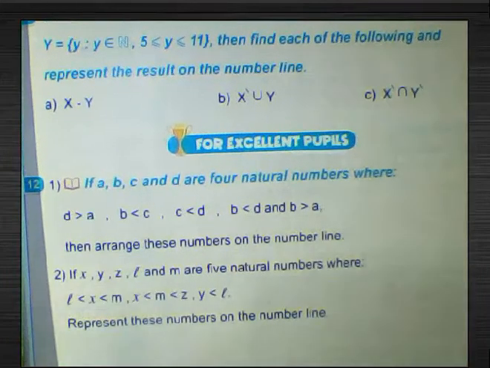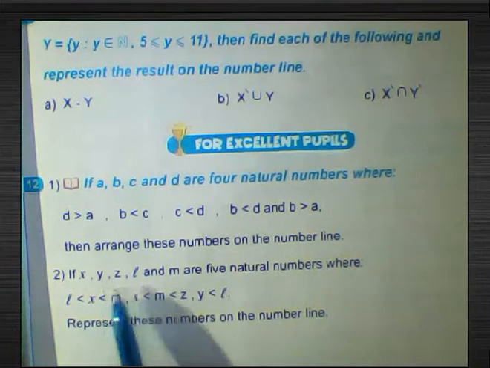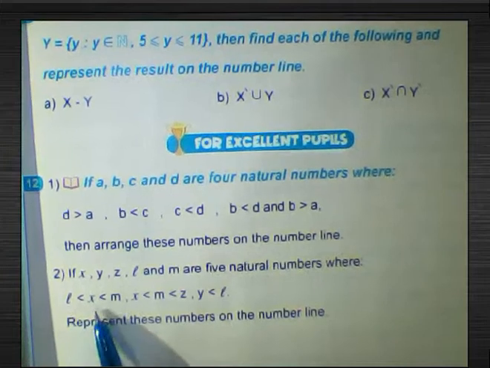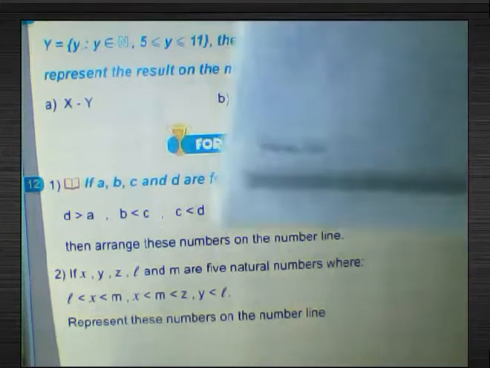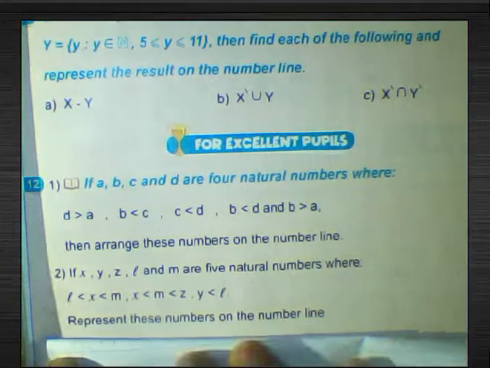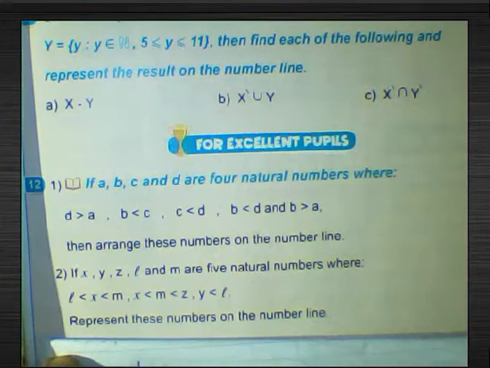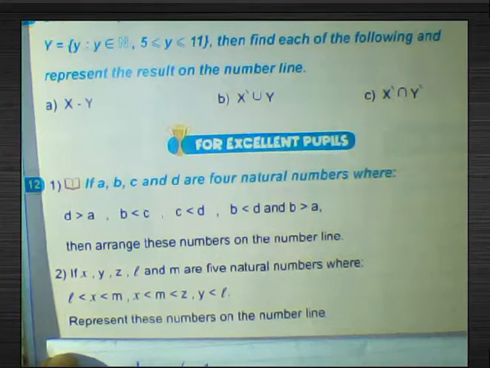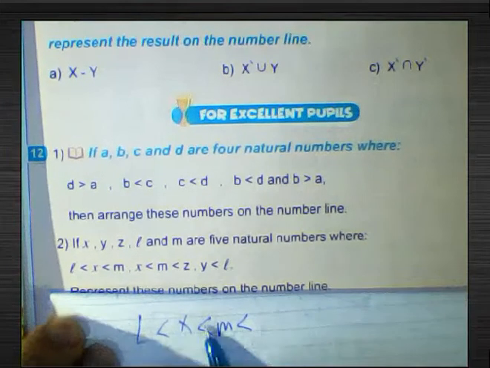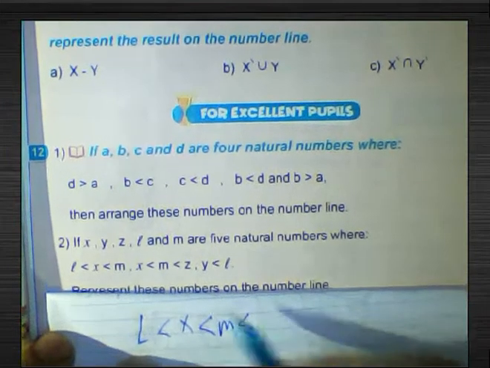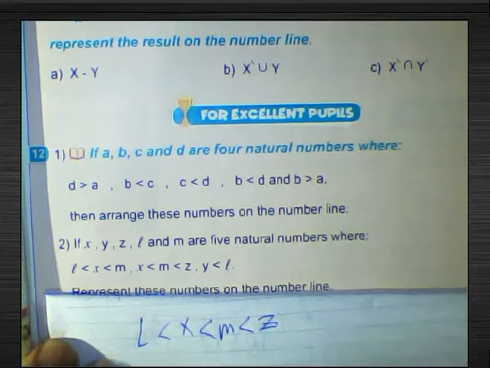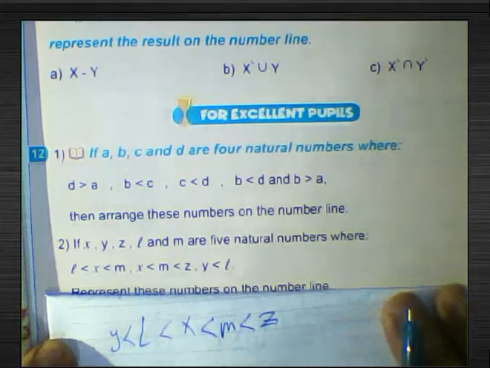Question number 2. If x, y, z, l and m are 5 natural numbers where l is less than m, l is less than x, l is less than x less than m, m is less than z, and y is less than l.